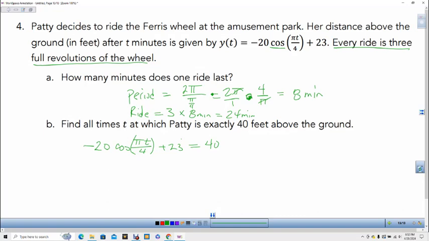If they go around 3 times and 40 is not the highest point, then what do you know? Remember, 43 is the highest point on this thing. That means she's going to hit 40 feet twice every rotation. If she goes 3 rotations, you're looking at 6 values of t that you should be coming up with.